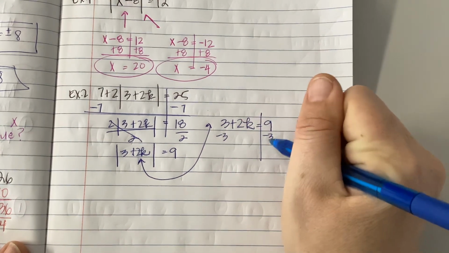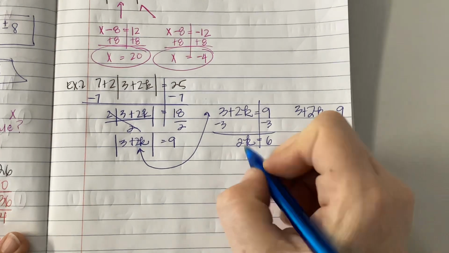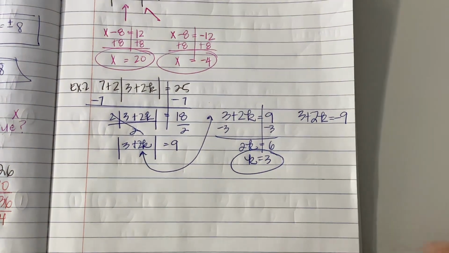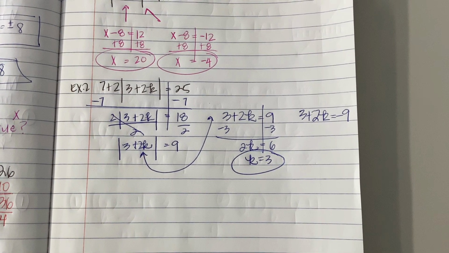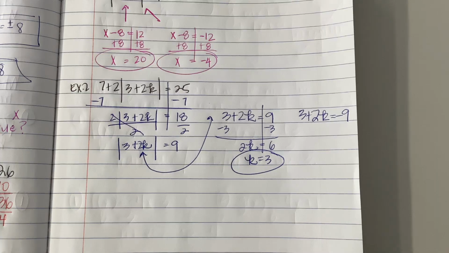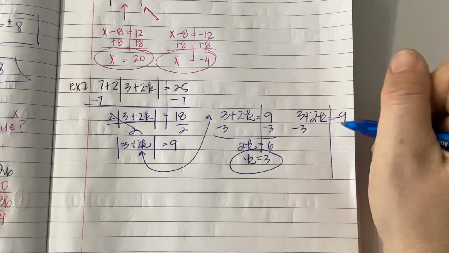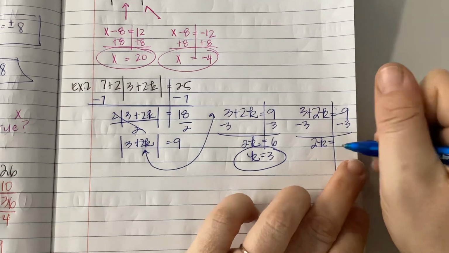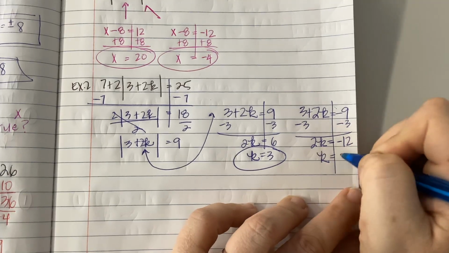Minus 3, 2k equals 6. So k equals 3. With me so far? Here, minus 3, 2k equals negative 12. So k is negative 6.